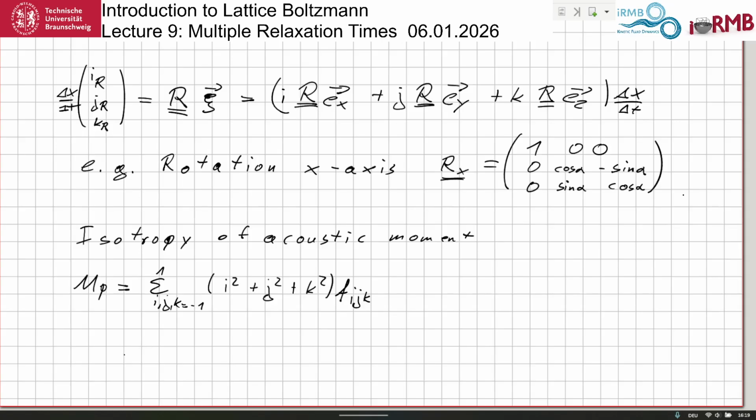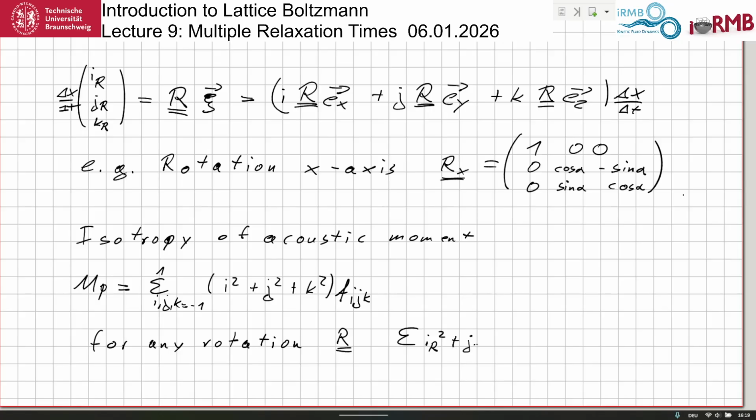Now the thing is, for any matrix that is a rotation matrix, what you get is that this sum is the length of the vector, and the length of the vector is conserved under rotation. So this means it's the length of the vector squared.